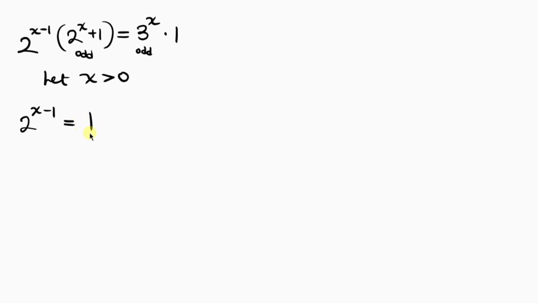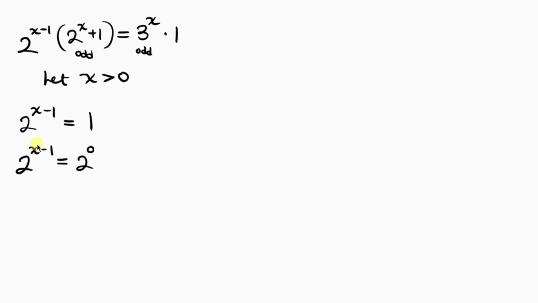Now I want to make the base on the right hand side the same as the base on the left hand side. So this becomes 2 to the x minus 1 equal to, now the base here is 2, so I will write 2 here. 2 to the 0 gives 1. And now since the bases are the same, I can equate the powers.